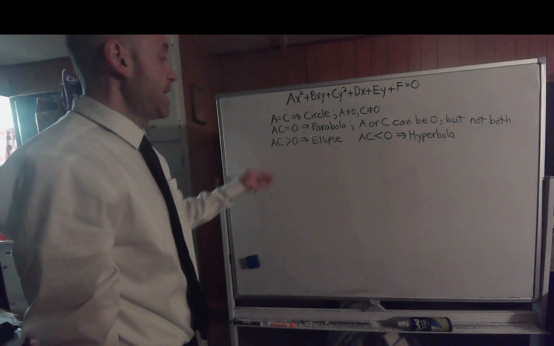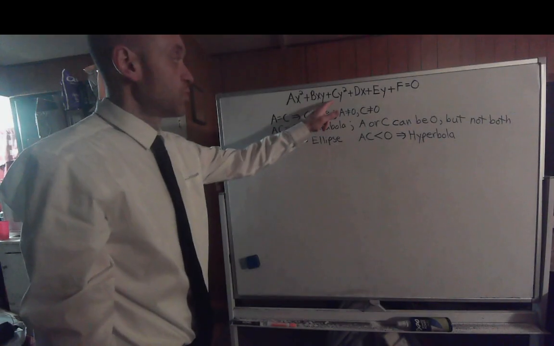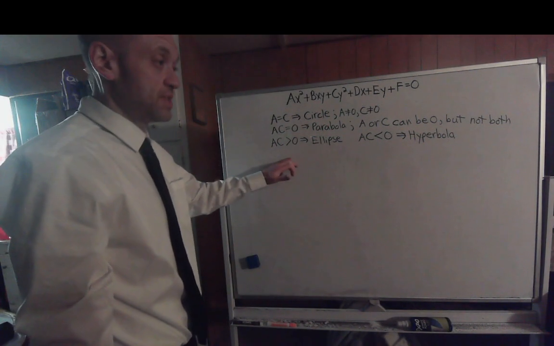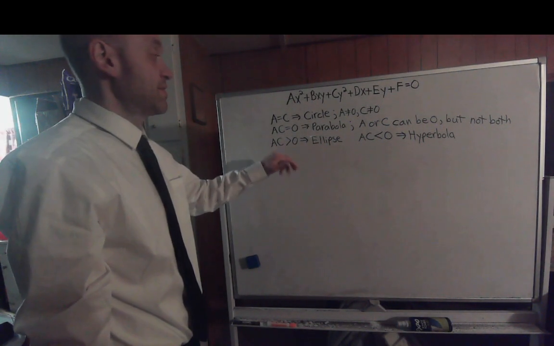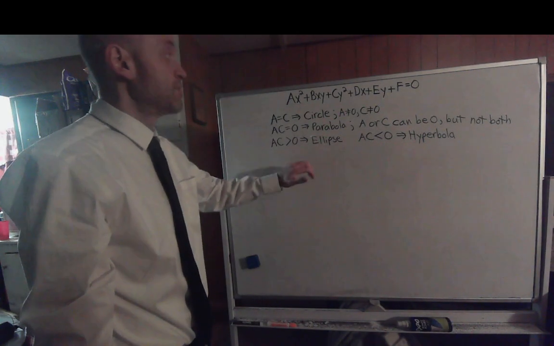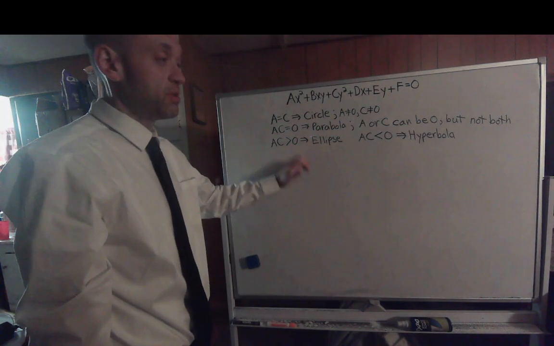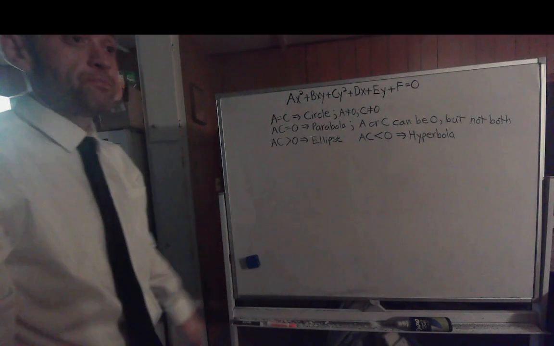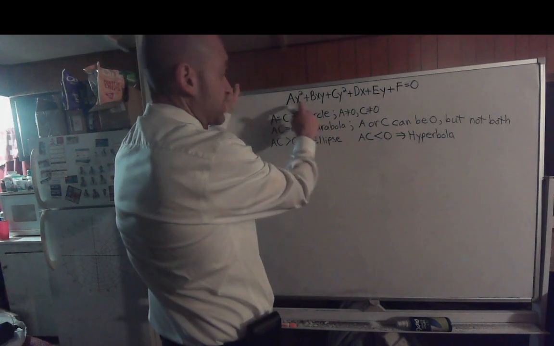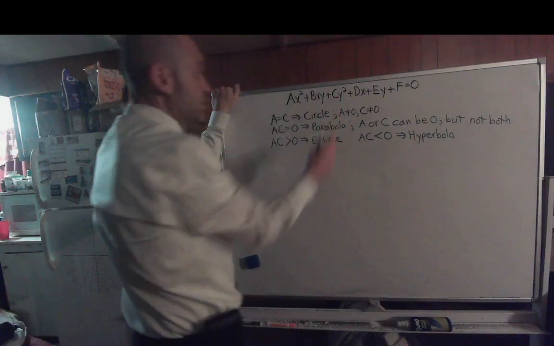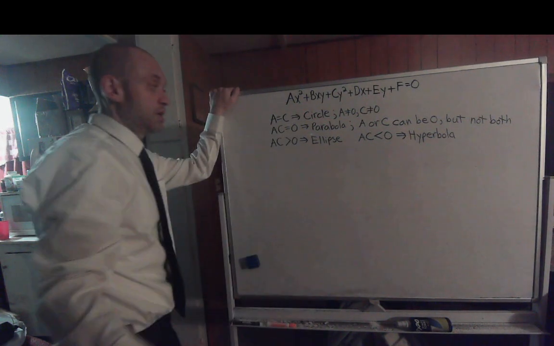If the product of your x squared and y squared coefficients is greater than 0, you have an ellipse. That's if they have like signs: if both a and c are positive, or both are negative, you get a positive answer when you multiply them. If a times c is less than 0, you have a hyperbola.